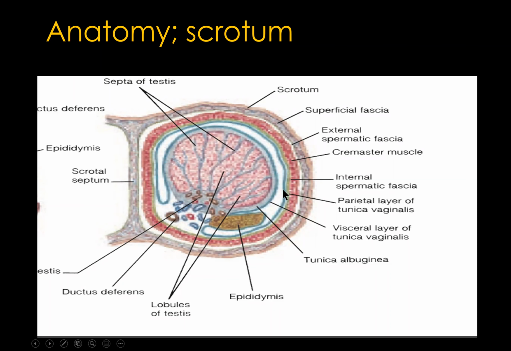Beneath the internal spermatic fascia is the parietal layer of the tunica vaginalis. This is the parietal layer of the tunica vaginalis, and this is the visceral layer of the tunica vaginalis, and between them there is a potential space. Usually it contains 2 to 3 milliliters of normal fluid.